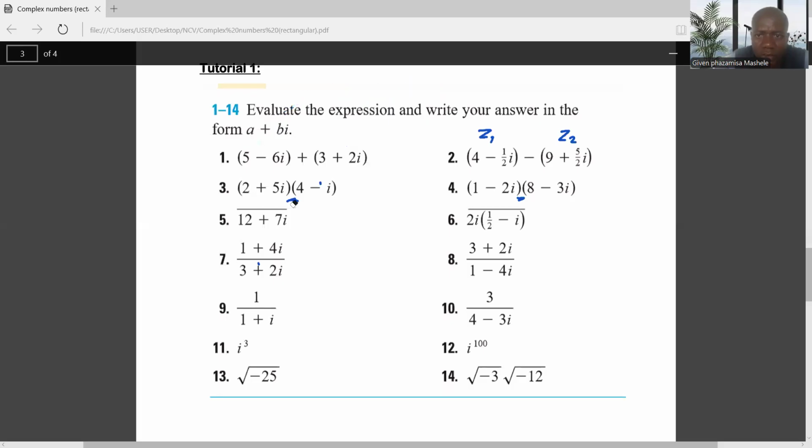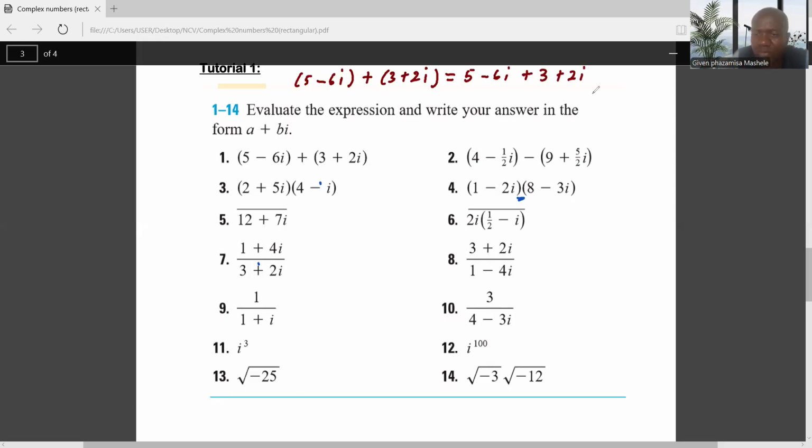So we have in brackets, 5 minus 6i plus 3 plus 2i. Let's now remove the brackets. This will be 5 minus 6i plus 3 plus 2i.